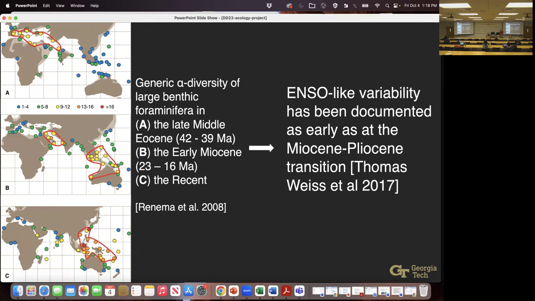This is a reconstruction of diversity based on the fact that when you have high diversity today, you also have many different species of foraminifera, wherever you have it in a marine ecosystem. And foraminifera is another little plankton that produces calcium carbonate shells.